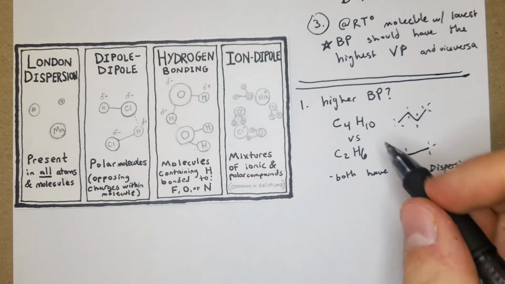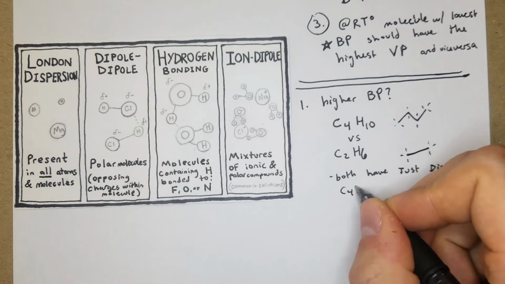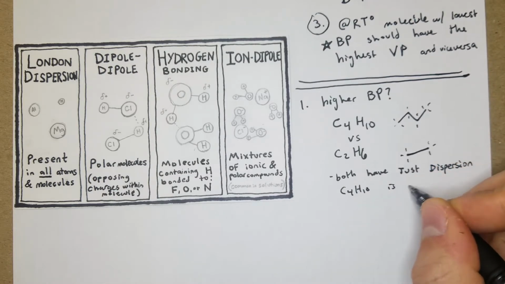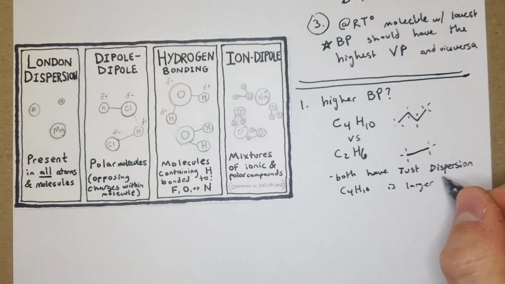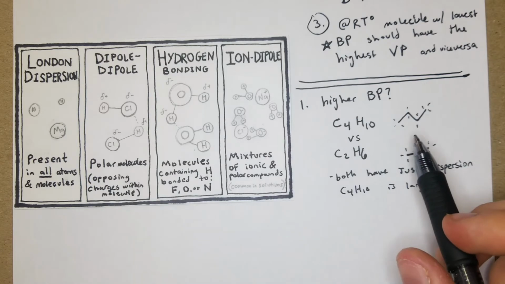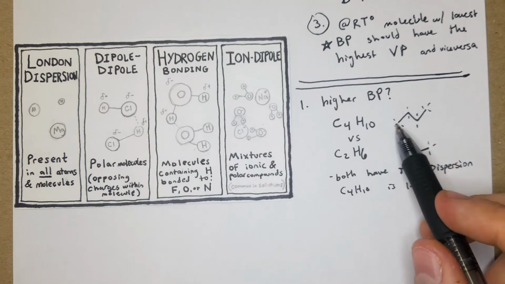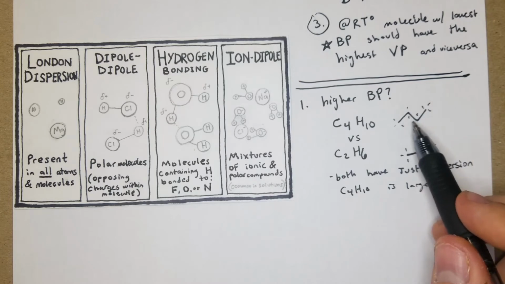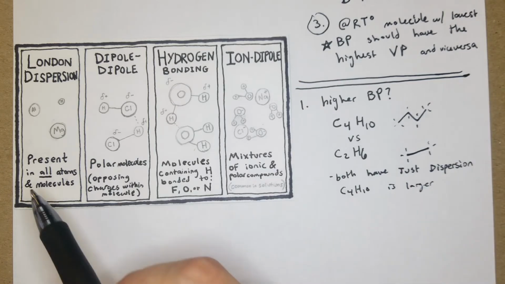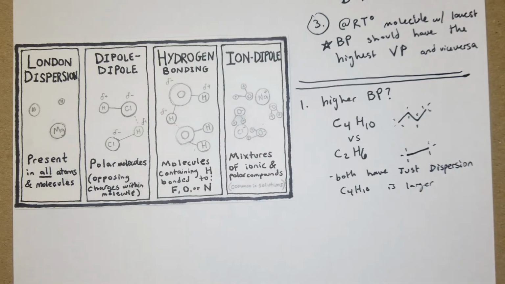Because C4H10 is bigger, it's a larger molecule. There are more atoms within this compound contributing to the London dispersion force. So the London dispersion force is higher, i.e. the IMF is greater, even though it's the same type.